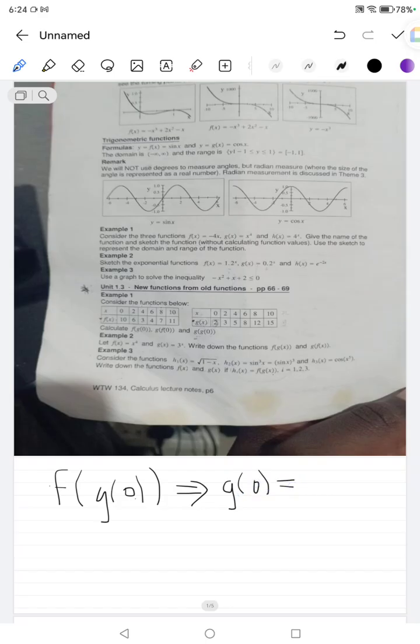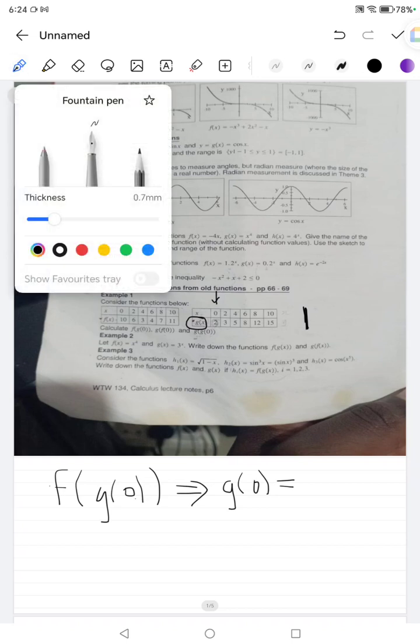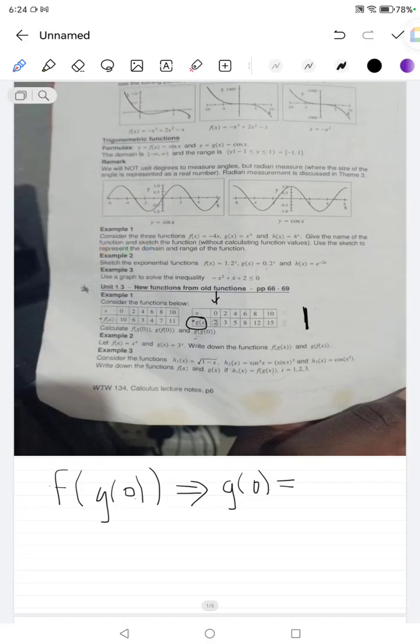Then where is the table for g? The table for your g is this one, hence you can see the g this side, then you can see the 0 that side. Then what's the corresponding value it's giving you? You can see that when you have your g of 0, you have an answer of 2.